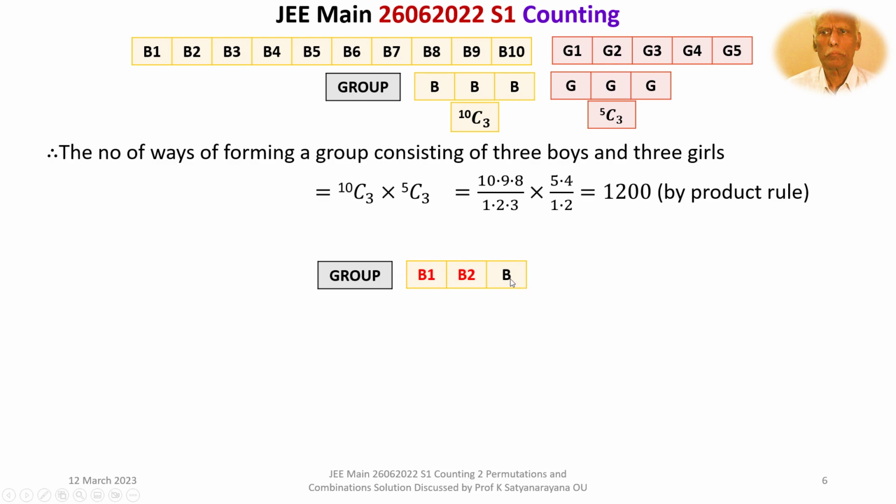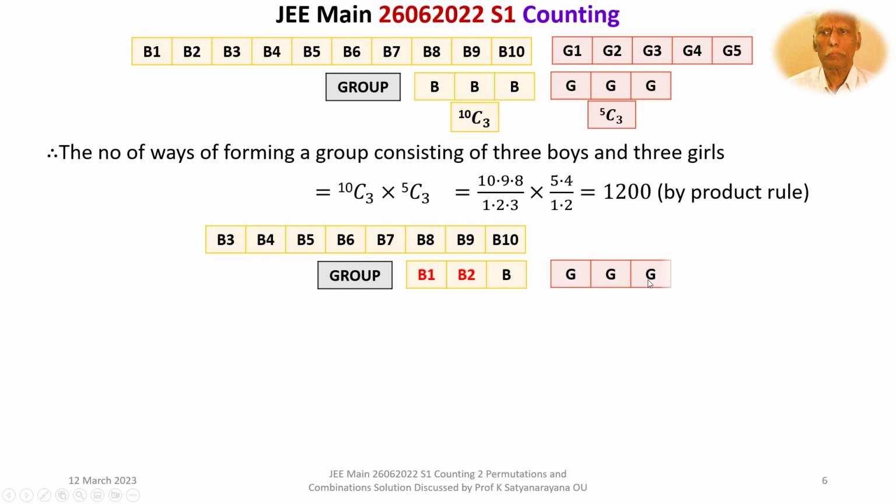Then we need to select 1 boy from the remaining 8 boys. This can be done in 8C1 ways. And in the case of the girls, there are no conditions. Therefore, 3 girls from the given 5 girls will be chosen in 5C3 ways.